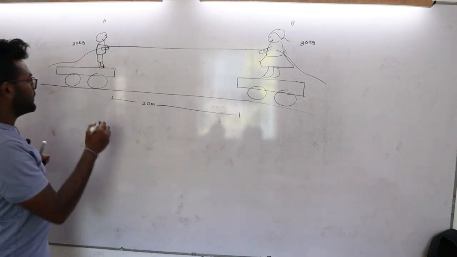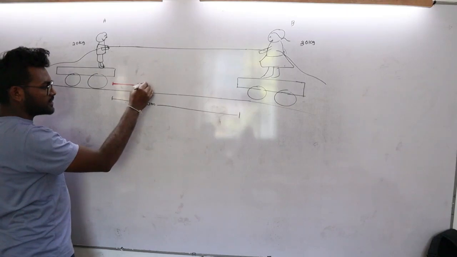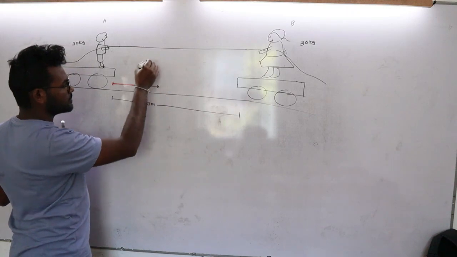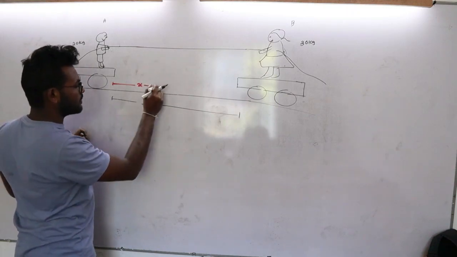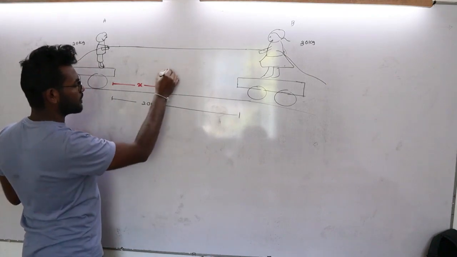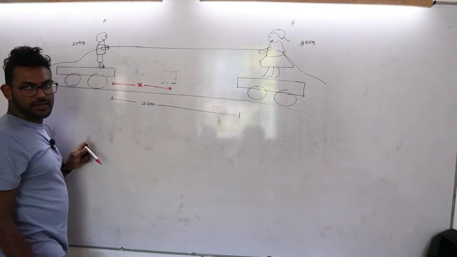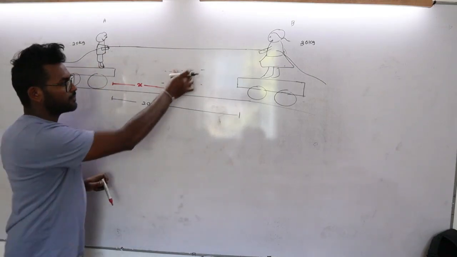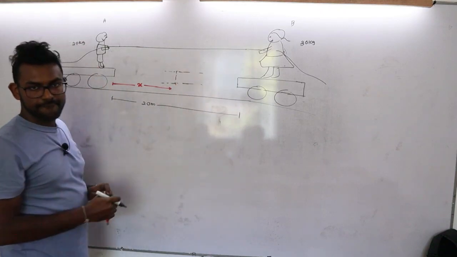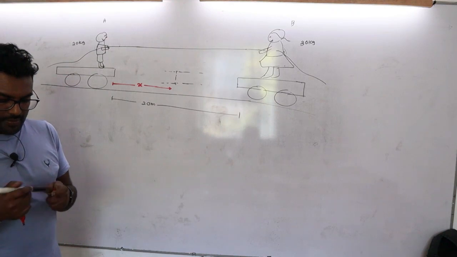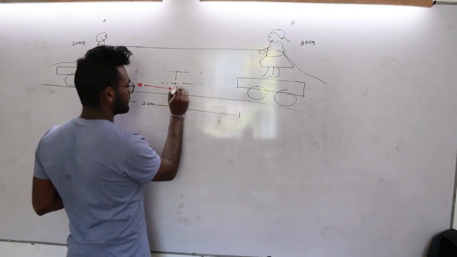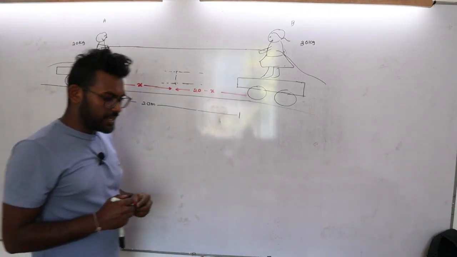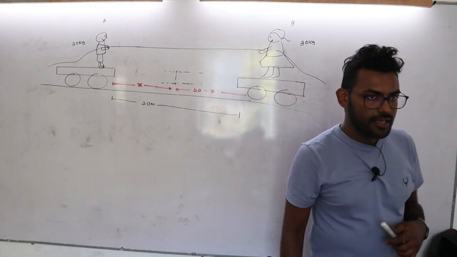So what we can do here, let's put the distance A has traveled once they hit to be X, then how far B has gone is 20 minus X. Okay, let's sketch it first and think about a way.